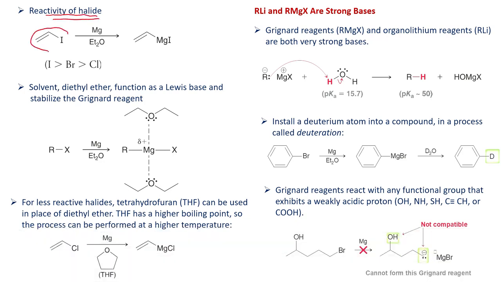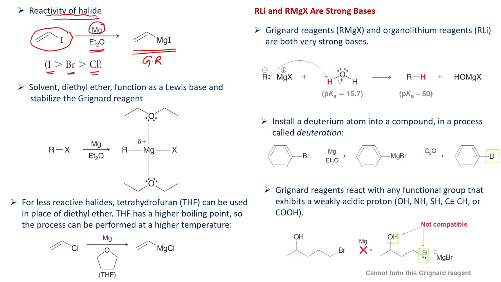Now we come to reactivity of halide. So vinyl iodide, when reacted with magnesium in presence of diethyl ether as a solvent, will give you Grignard reagent. The order of reactivity is iodine is much more reactive than bromine, and bromine is much more reactive than chloride.